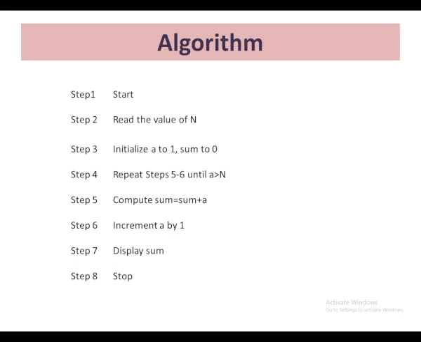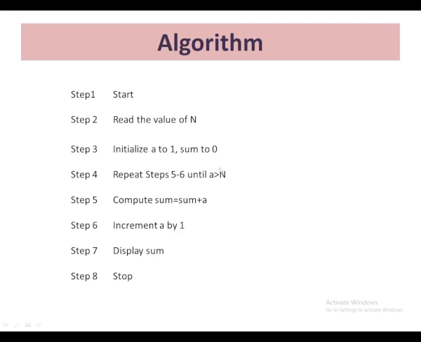Now let us execute this algorithm. Remember, step 2 is reading, step 3 is initializing, step 4 is checking whether a is greater than n. If it is not, then it will execute sum equal to sum plus a and increment a by 1, that is, a equal to a plus 1.